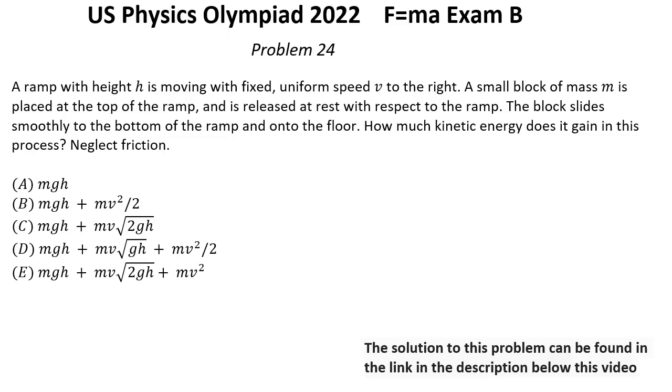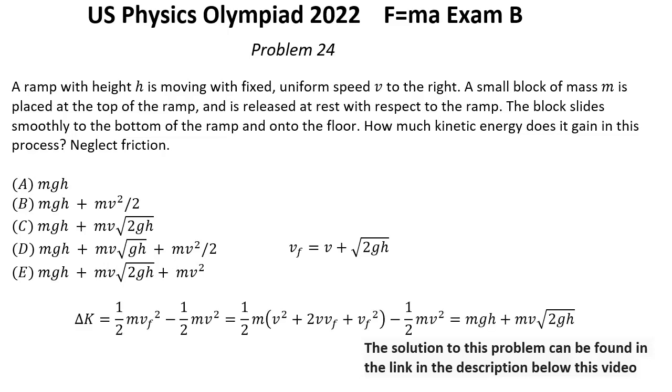If the block reaches the bottom of this ramp, it has a relative speed to the ramp of square root of 2gh. It means that the absolute speed will be v final equal v plus square root of 2gh. And now we can count the kinetic energy difference for this block.